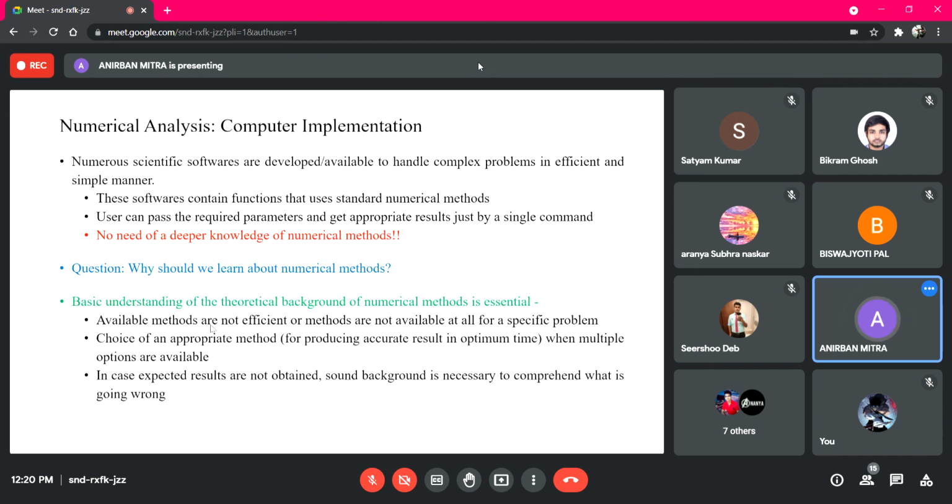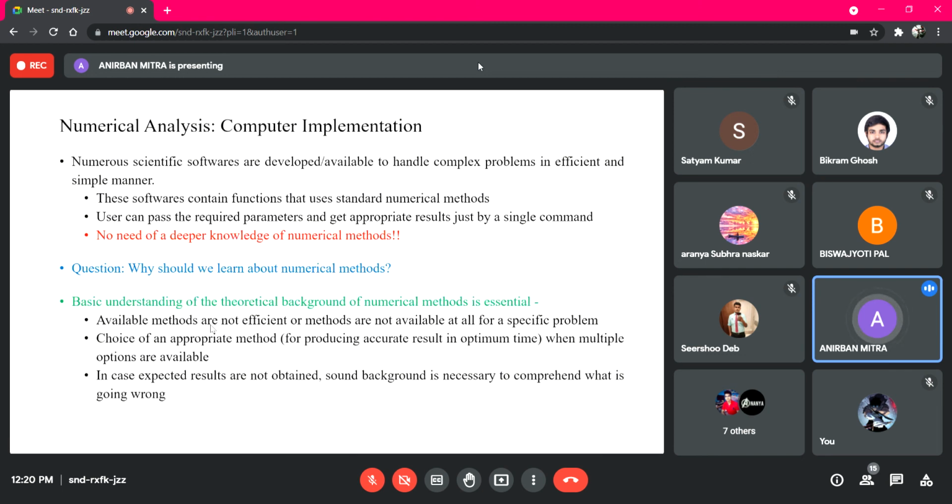So obviously, then you need sound background to comprehend what has gone wrong, to interpret those results and modify probably the numerical method itself or give other types of inputs so that you get the expected results.